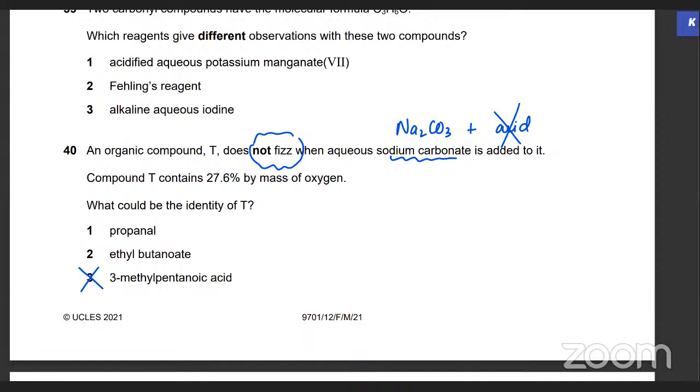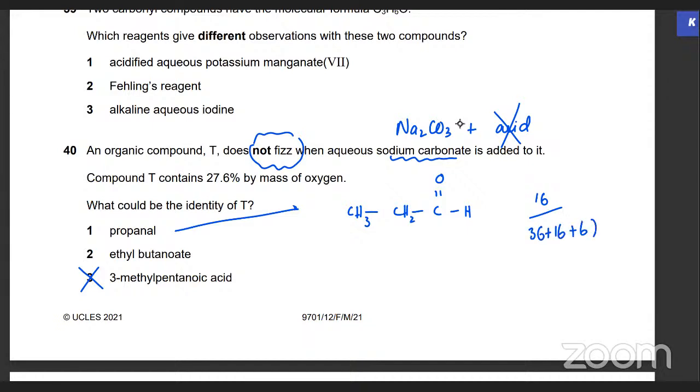And the other one is that it contains 27.6% by mass of oxygen. What could be the identity? So you have two options. One of them is propanol. That is C=O, with 2 hydrogens and 3 hydrogens. So figure out karo कि क्या होगा इसका 16 divided by the total, which is what? 3 carbons, that's 36, plus 1 oxygen, that's 16, plus there are 6 hydrogens, I think.